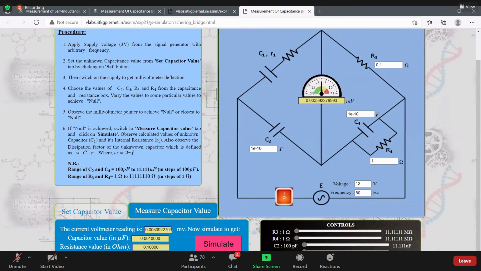Now you remember for 50. Now again change the frequency and observe. Switch off the power supply. Is it the same value or a different value? Same, sir. Change it to 10 frequency.